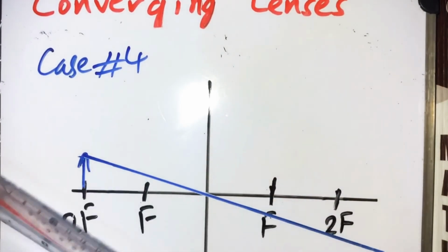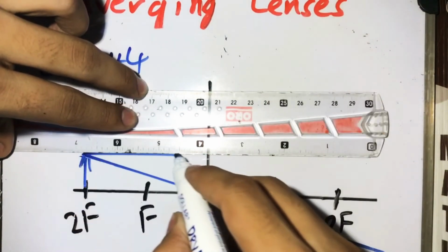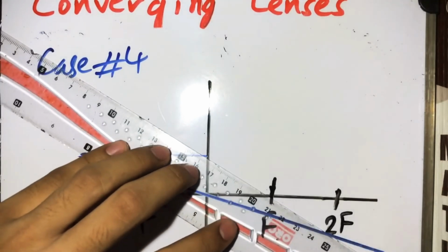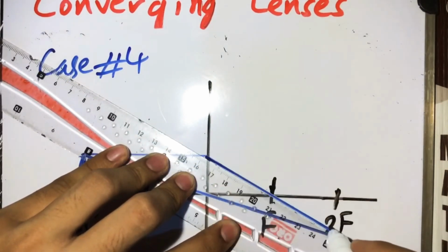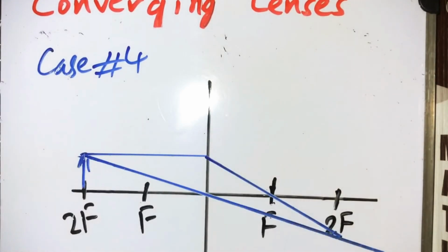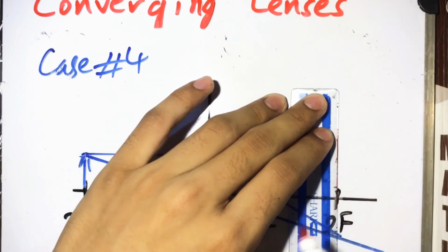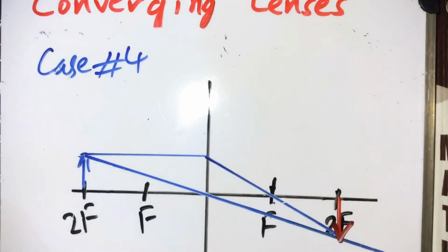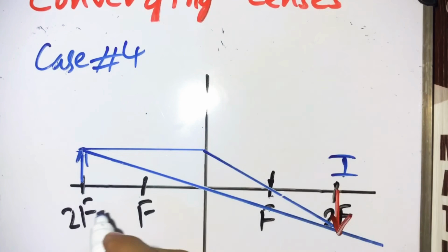The second will first travel parallel and then converge through the focal point. So now this is our image. This is the image and this is the object.